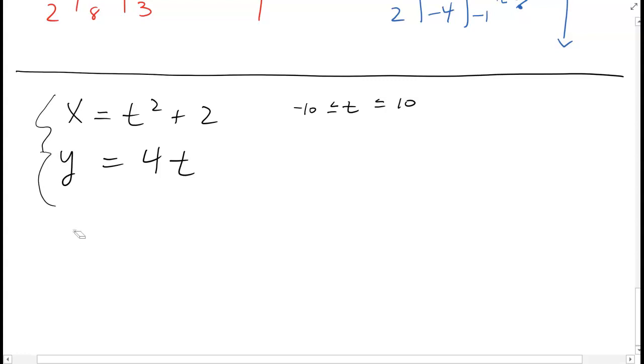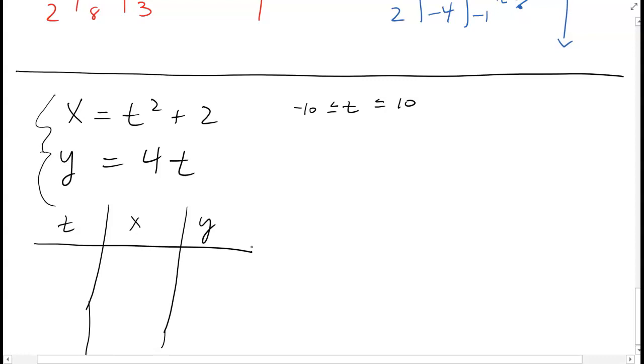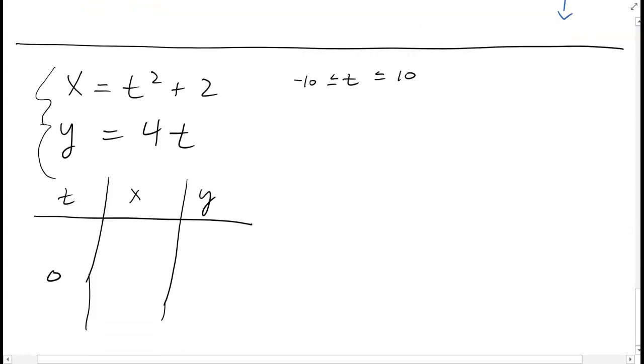So I need to do a quick sketch. Let's do t, x, y. I'm gonna put 0 in the middle here just to make it a little bit easier because of where my range of values are. What's my x value going to be when t is 0? X is 2, 0.